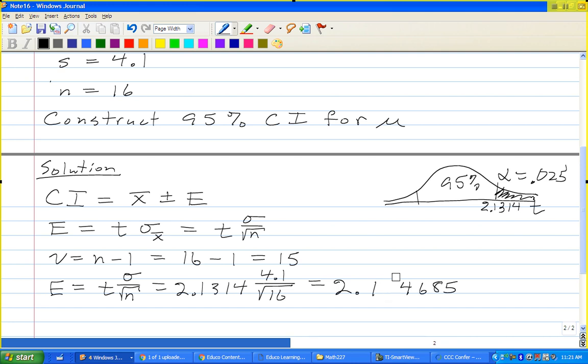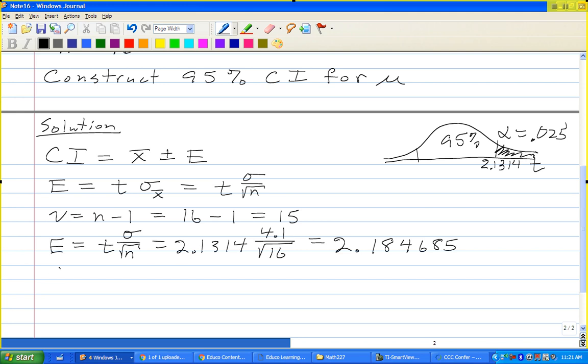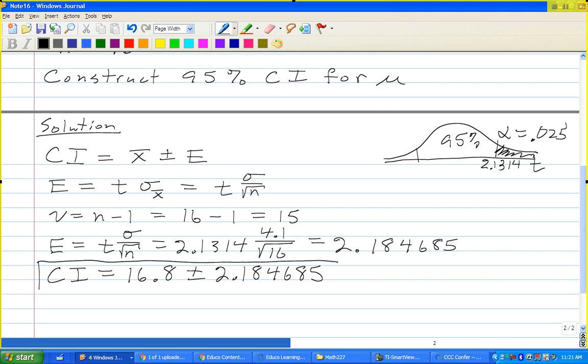And so my 95% confidence interval for estimating the true population mean is just the sample mean, 16.8, plus or minus my error, 2.184685. And that is my answer.